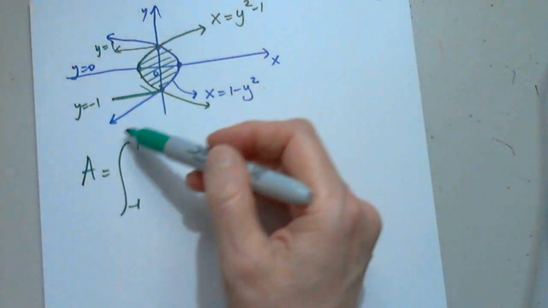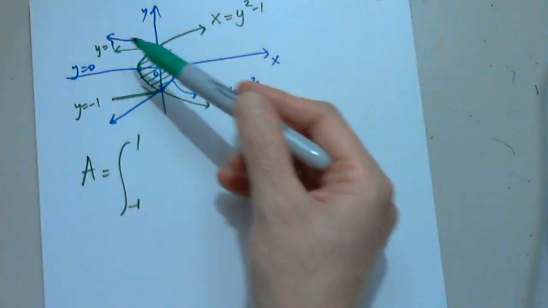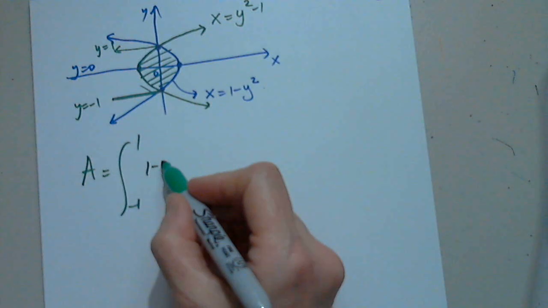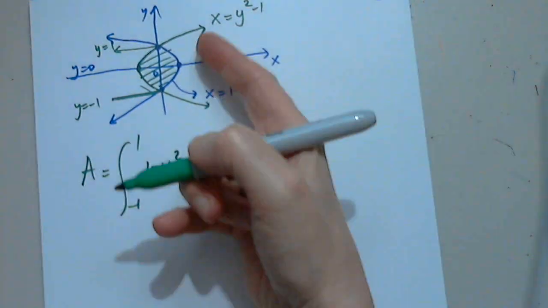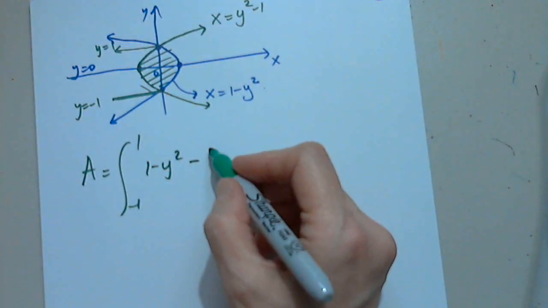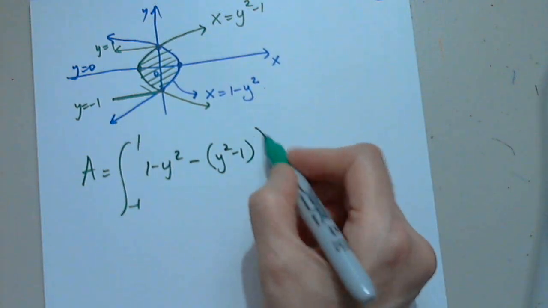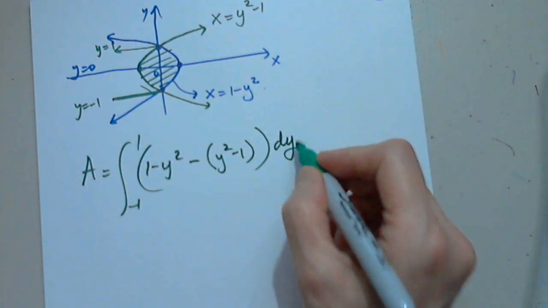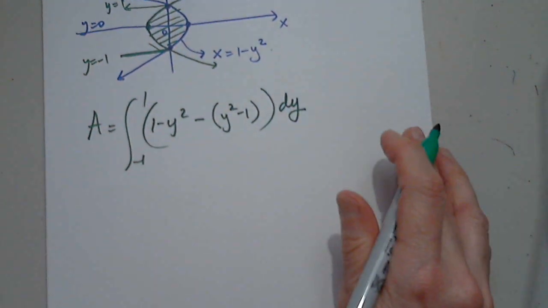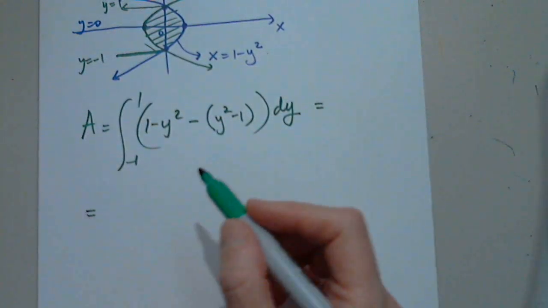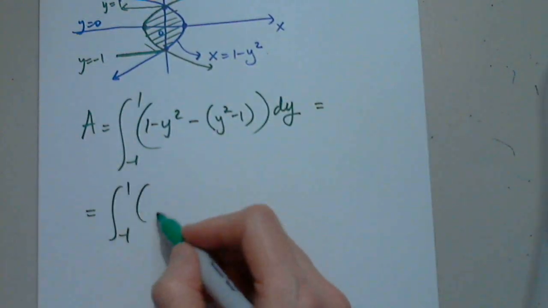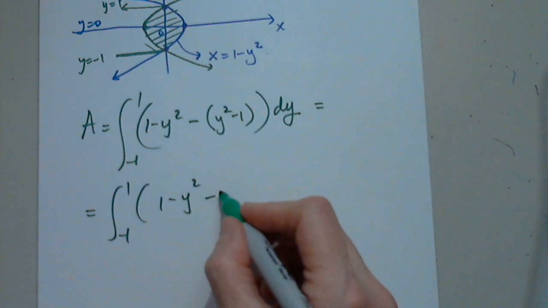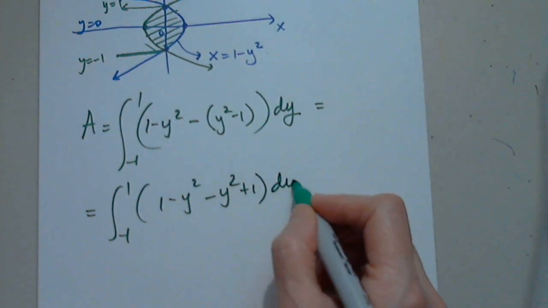So the above or the right is x, so it's 1 minus y squared, minus below, which is, careful, y squared minus 1, of course, dy. So at this point, I have the integral from -1 to 1 of 1 minus y squared, minus y squared plus 1, dy.